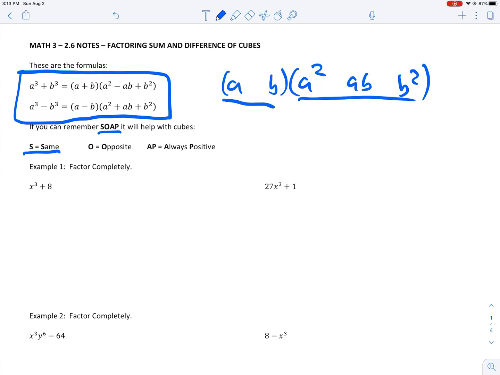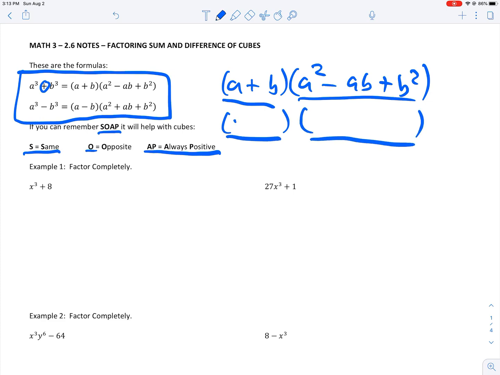So the S stands for same. Whatever you started with, it's going to be the same sign. If it's a plus that you started with, this is a plus. If it's a minus, it's a minus. The next sign is opposite. So if it was a plus, this would be a minus. And the last sign is always positive.